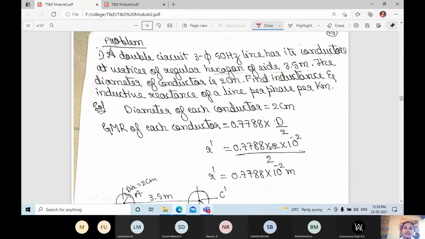Find out the r dash value, that is you will get 0.7788 into r value. The radius is 2 divided by 2 you will get 1, 1 into 10 to the power of minus 2. That is what they have written here, 0.7788 into 10 to the power of minus 2 meter.